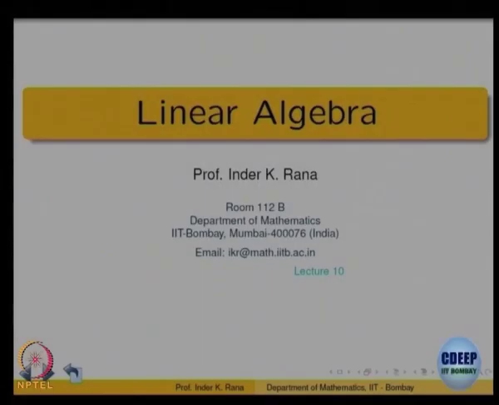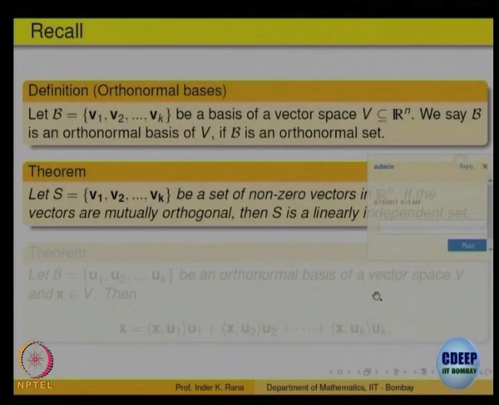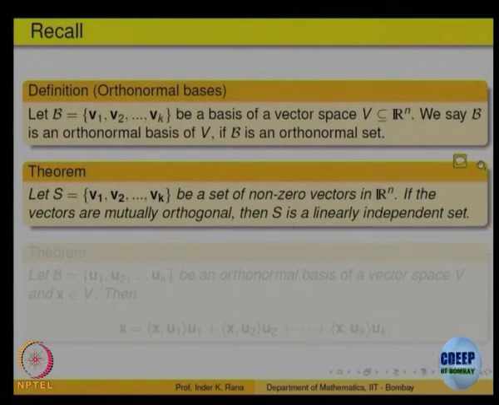Okay, so let us begin with today's lecture. We will start by recalling what we had done last time. We looked at what is called the orthonormal basis of a vector space. An orthonormal basis was defined as a set of non-zero vectors which are mutually orthogonal and form a basis.